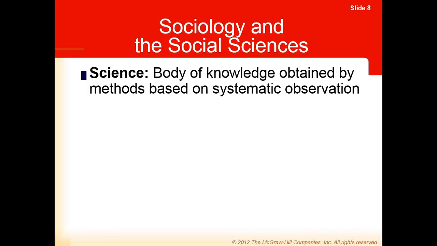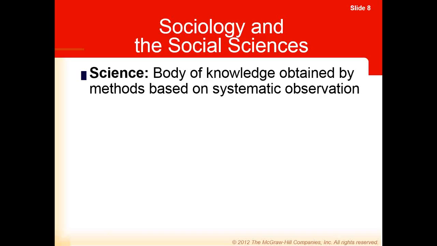So when Auguste Comte founded it, it was positivist sociology, or empiricist sociology. He wanted sociology practiced as a science using the scientific method of hypothesis formulation and testing, employing concepts of validity and reliability. So it is practiced as a science.